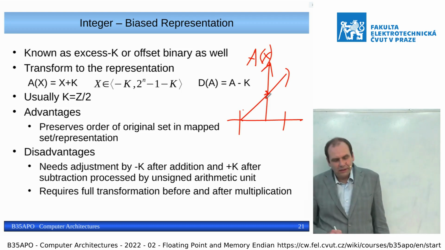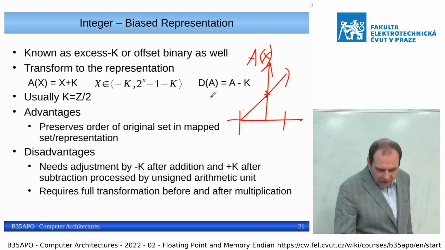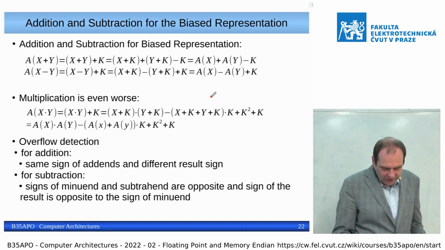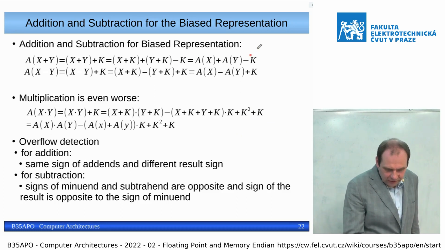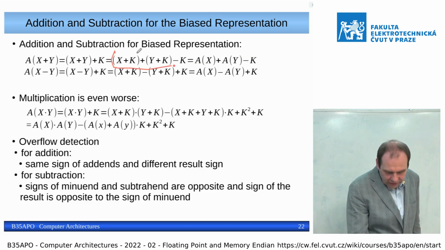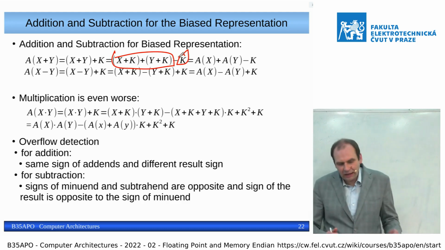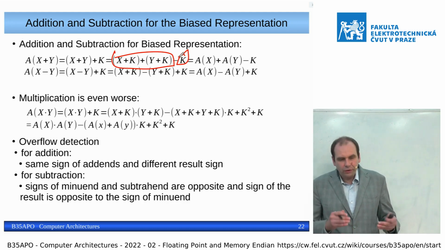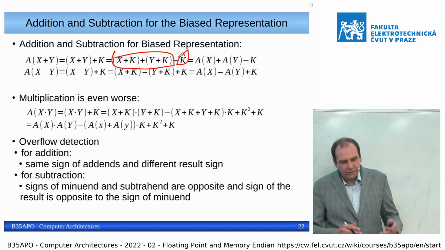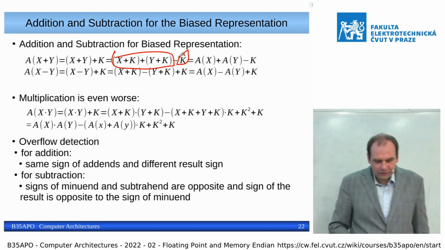So if we add two such values, then in fact we get 2 times K in the representation. So to correct this, we need to subtract the K once. Because if we use the adder, which is for unsigned arithmetic, for this biased arithmetic, then it works this way.